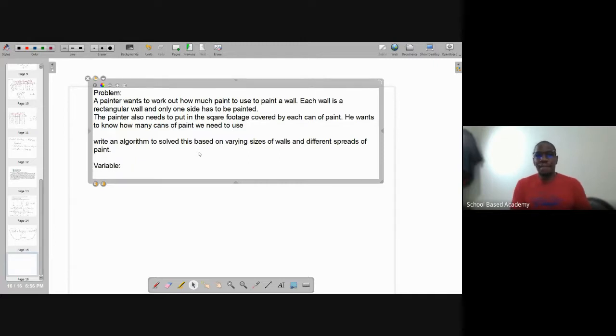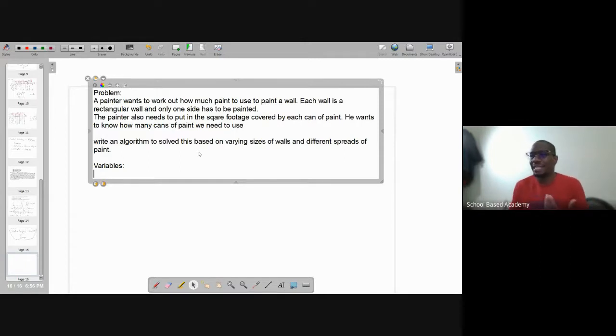So the first thing that we will do is declare the variables. And it's okay if you miss out on a variable. You could always go back and stick a variable up there. So the variables, the size of this wall, what are we using to measure the size of this wall? Can the wall be like 5.5 feet long, because we'll use square feet, or is it going to be integers only?